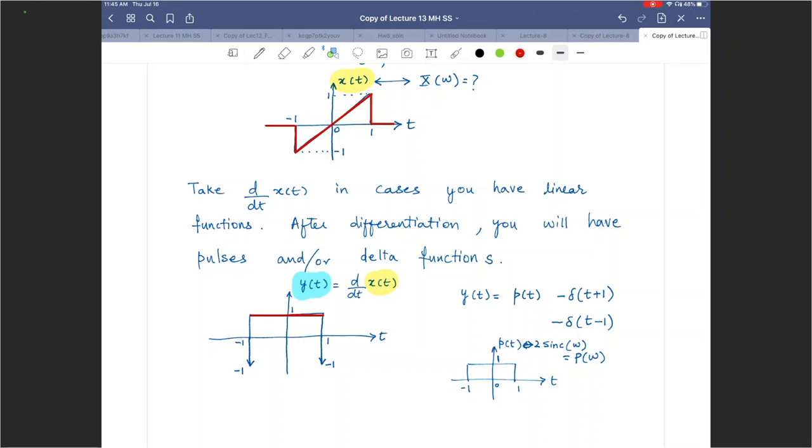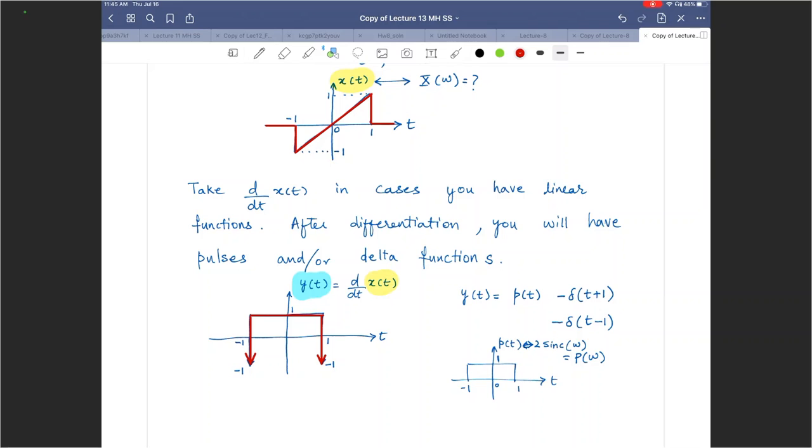And there are two discontinuities. Both those discontinuities are pointing down. So you will have an impulse at 1. You will also have an impulse at -1. The weight of those two impulses will be -1.